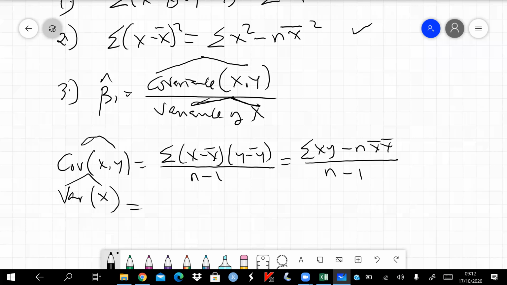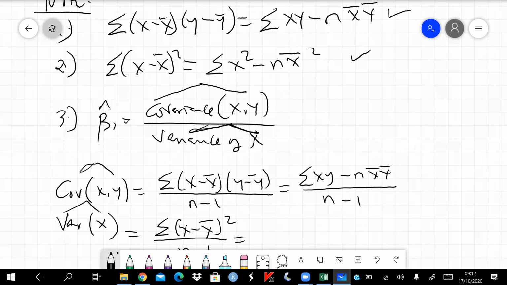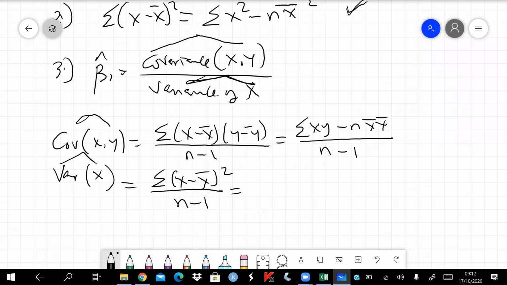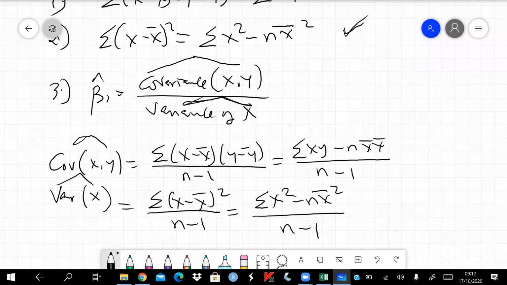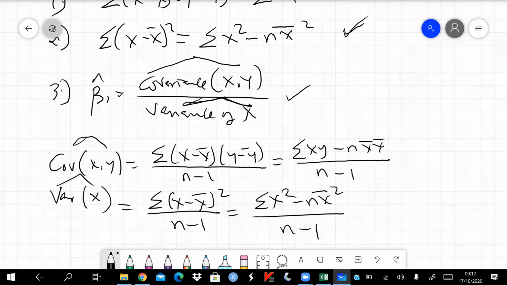The variance by definition is given by the summation of (x minus x bar) squared divided by n minus 1, which we can write using the expression above as the summation of x squared minus n x bar squared, divided by n minus 1. So you can write beta 1 in the form of variance and covariance in that format.